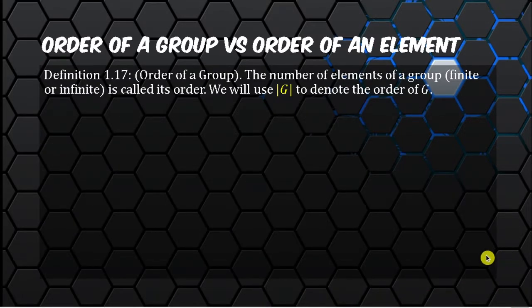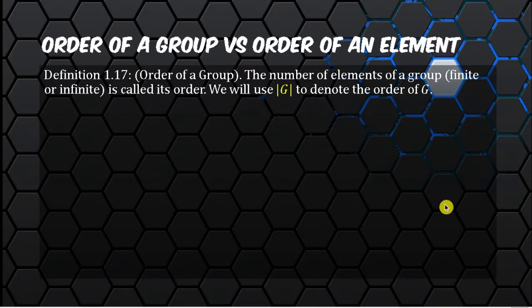Alright. Order of a group versus order of an element. Definition tayo. What do we mean by order of a group? This is simply referring to the number of elements of the group. So sometimes finite, sometimes infinite, as the ones we use in our examples. We still use the absolute value notation to denote the order of G. So parang cardinality ito.